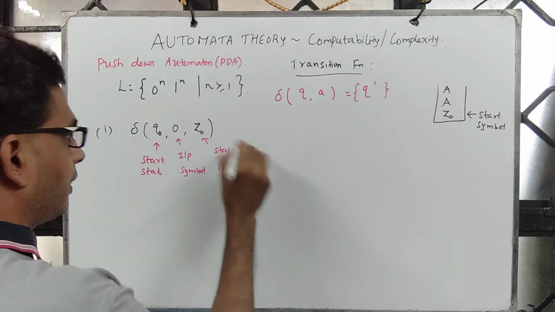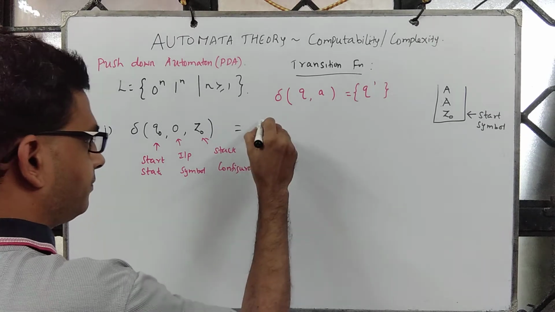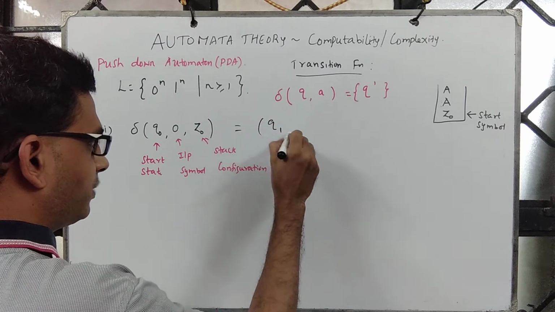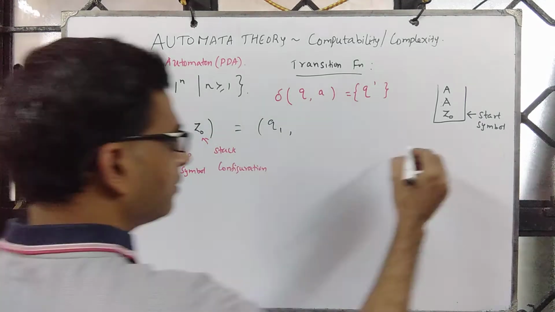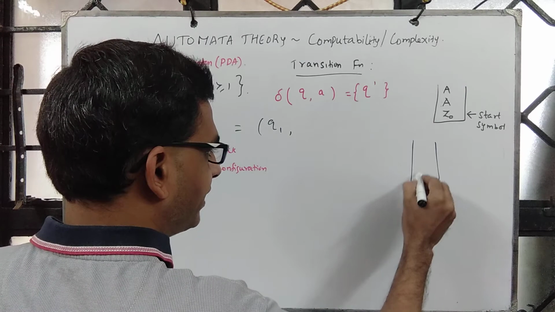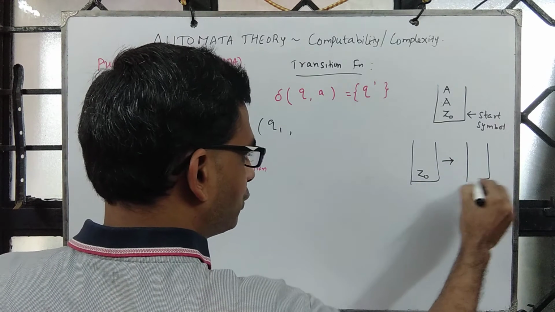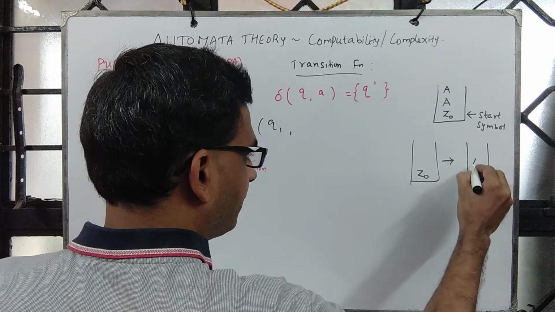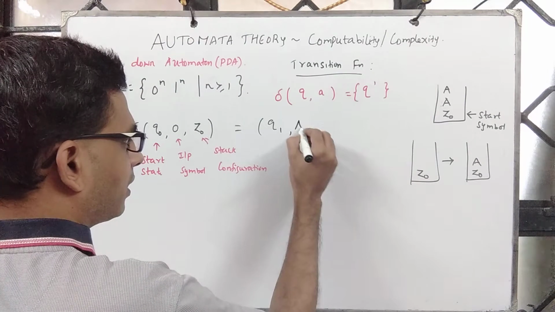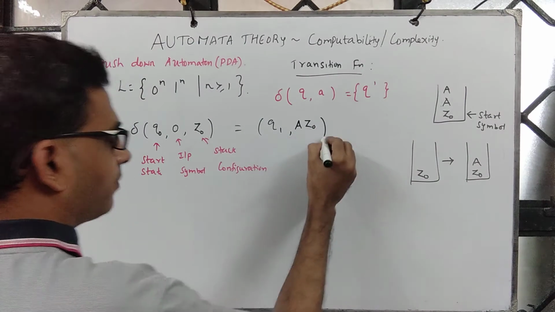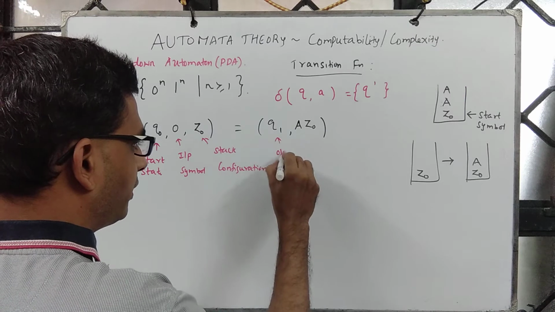On performing this, let's say I go to a state Q1, then for this 0, initially it was Z0, then it is changed to Z0 with A on top of it, which means it is A Z0. So this is our output state.